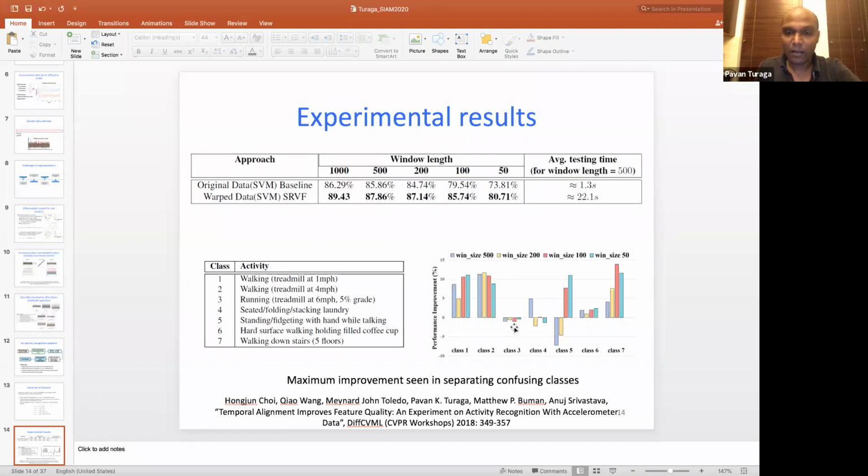And what are the classes where the maximum amount of improvement occurs? This graphic shows us where the maximum improvements are happening. We find that the maximum improvements are happening in classes 1, 2, and 7, which refer to walking treadmill at 1 mile per hour, walking treadmill at 4 miles per hour, and walking downstairs a flight of 5 floors, which are all walking activities of slightly different kinds, and therefore naturally they are confusing amongst each other.